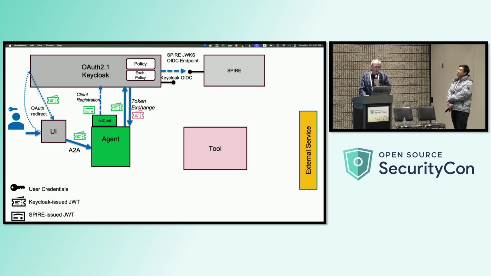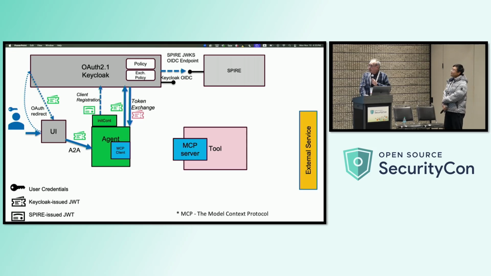Who can exchange with whom is defined in Keycloak exchange policies. So now we have a new token where the GitHub tool is the audience of this new token. The calling agent becomes the actor in the token. And of course, the user information is also preserved, if needed, as the token subject.